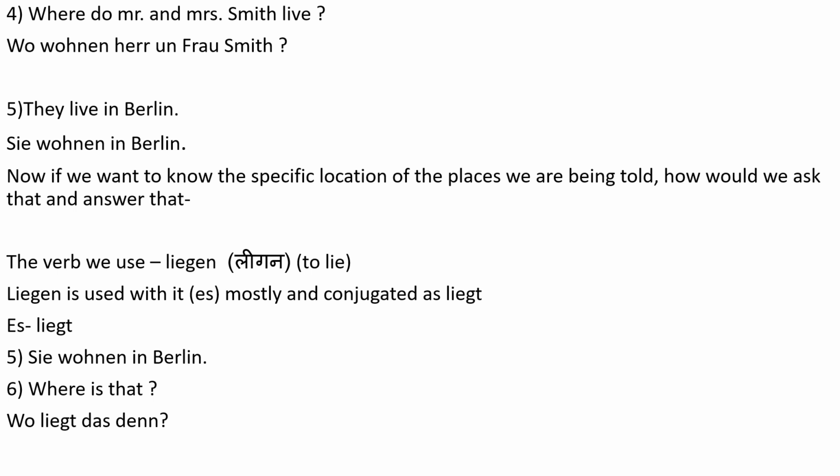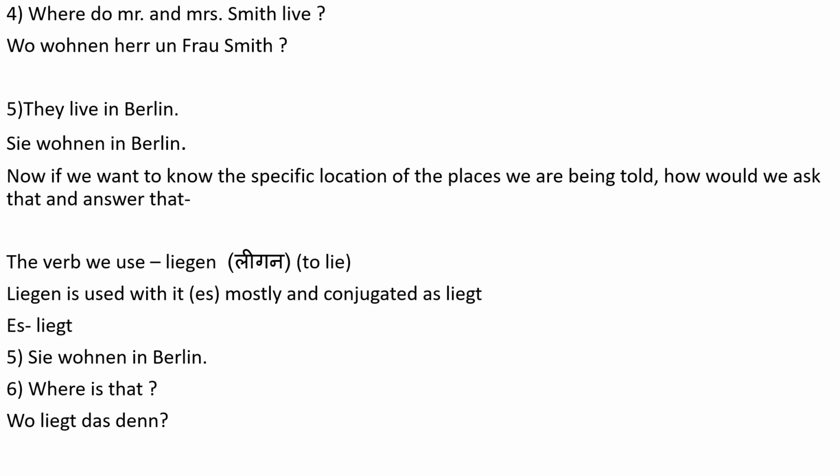Liegen means to lie, that is, where is it located. So we would ask, wo liegt das denn? Where is that? The word denn is added to show curiosity. Whenever there is denn in the sentence, it shows a little bit of curiosity. So, wo liegt das denn?